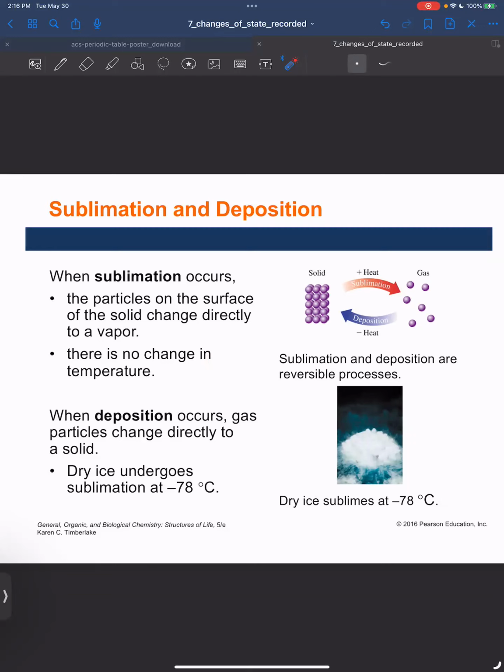So for example, dry ice, which is solid carbon dioxide, sublimes at negative 78 degrees Celsius. And so you can see here, if you've ever seen dry ice, it almost creates this fog effect, right? And that just means those solid CO2 molecules are going straight from solid to gaseous CO2.